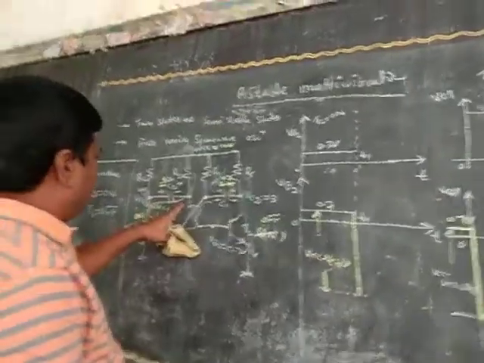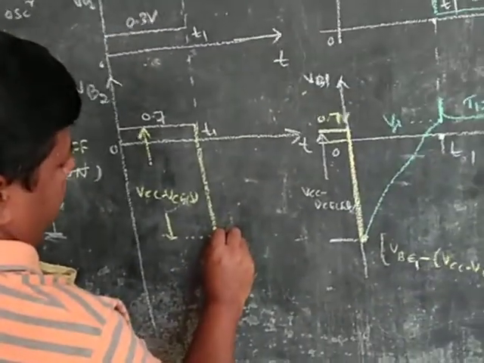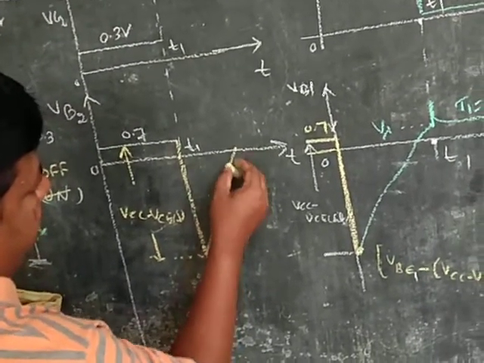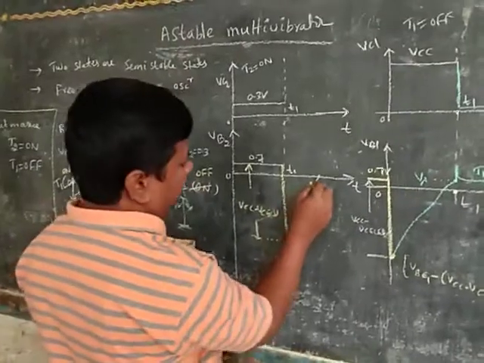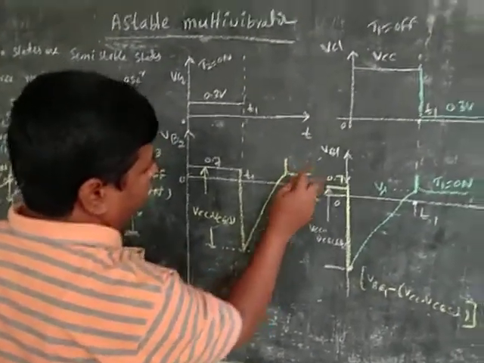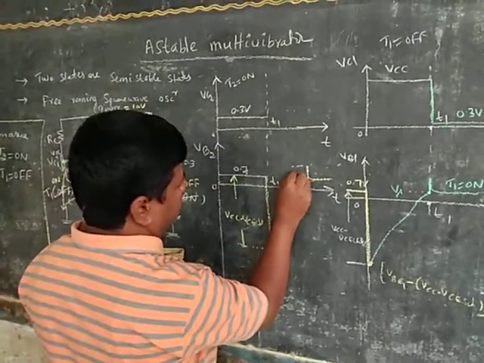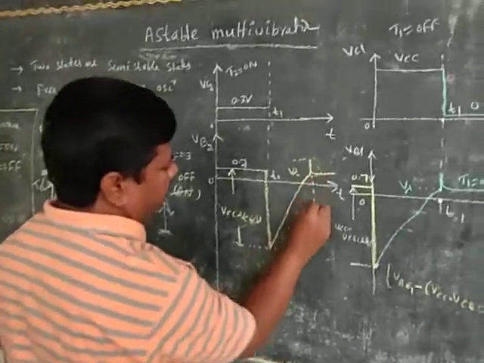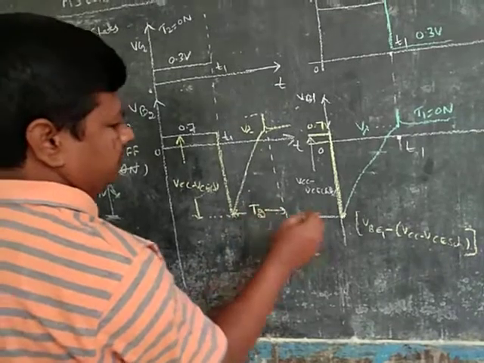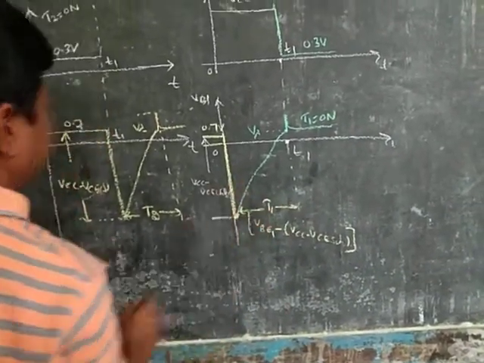Now R2C2, this capacitor discharges slowly towards 0. Then when it reaches 0, the polarity changes. When it reaches the cut-in voltage V gamma, then again T2 enters into on. This one is the T2 time interval, and this one is the T1 time interval.